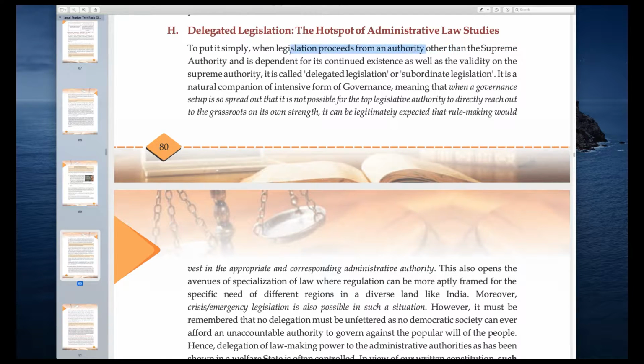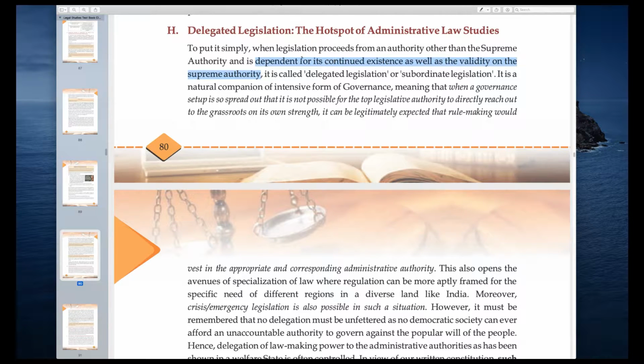Other than the supreme authority means other than the parliament or a state legislature respectively, and is dependent for its continued existence as well as the validity on the supreme authority. It is called delegated legislation or subordinate legislation.